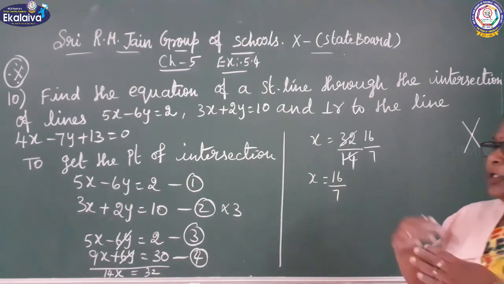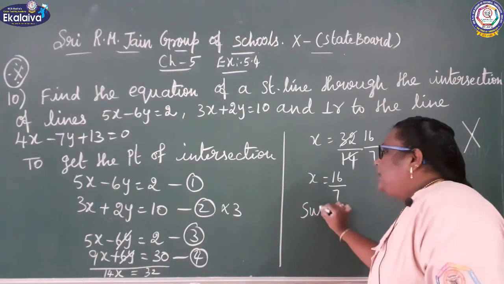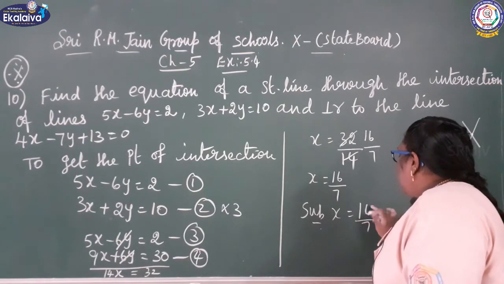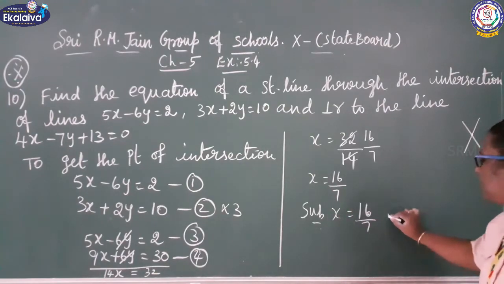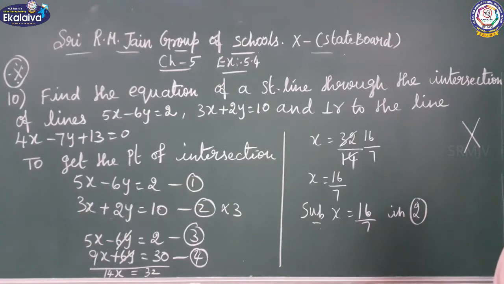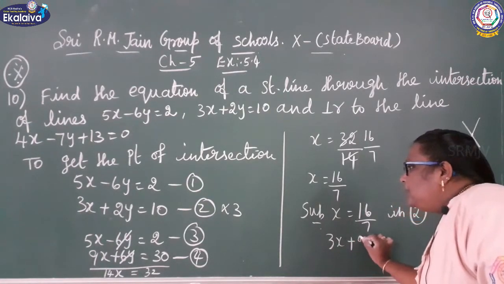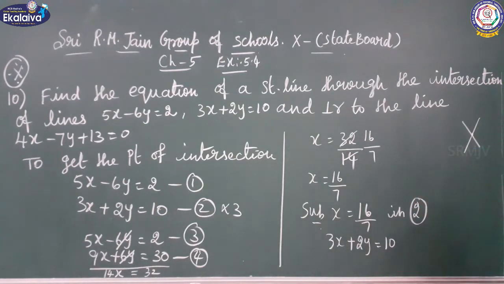You can substitute in any one of the equations. So substitute x equal to 16 by 7 in the second equation. You can choose the first equation also. So 3x plus 2y equal to 10.